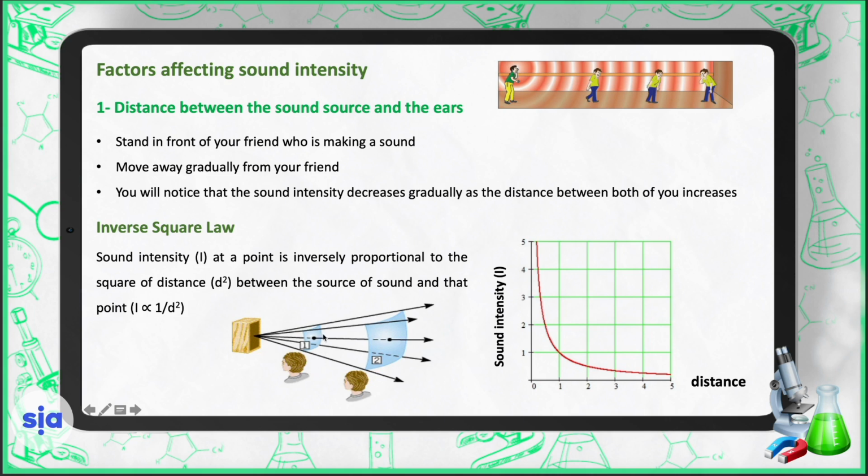So if we want to measure the sound intensity at point 1, it is inversely proportional to square of the distance between the sound source and that point. And it is represented by this graph. You can find the relation between the sound intensity and the distance inverse proportional.